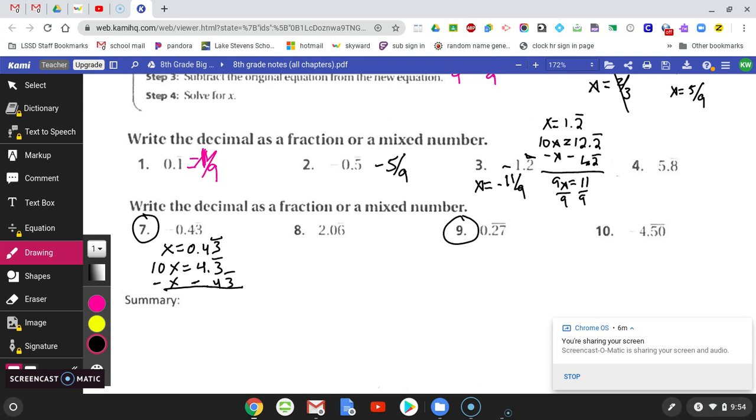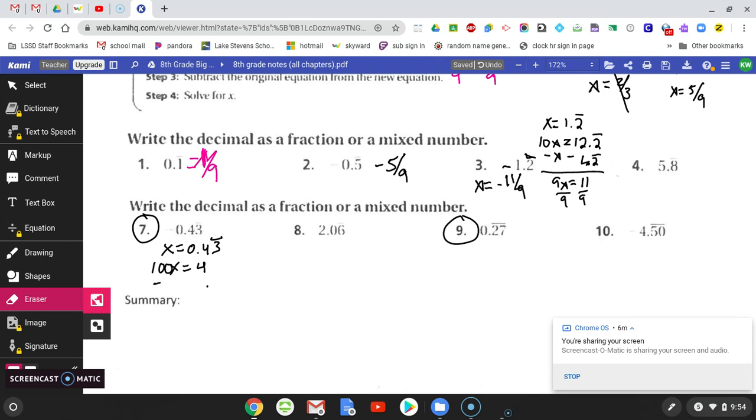let's see. We actually want to multiply by 100 on this one. I'm going to change this. This will make it a little bit easier. So when we do that, let me erase. Sorry, I don't know why it's not erasing very quickly. Okay, so that will give us 43.3 repeating.